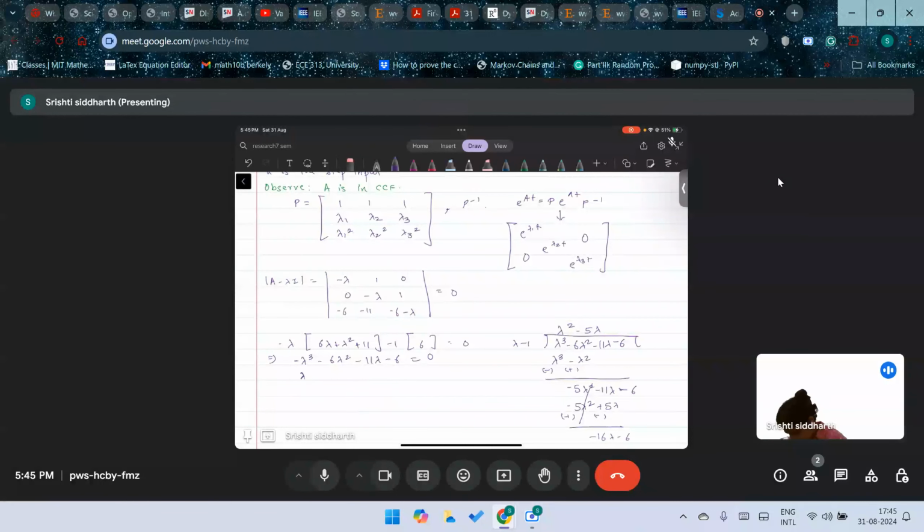So the equation is lambda cube plus 6 lambda square plus 11 lambda plus 6 equals 0. And now I think we can substitute minus 1. So this is minus 1 plus 6 minus lambda plus 6. So then we have to calculate this again.